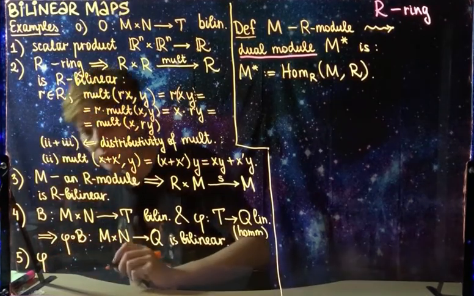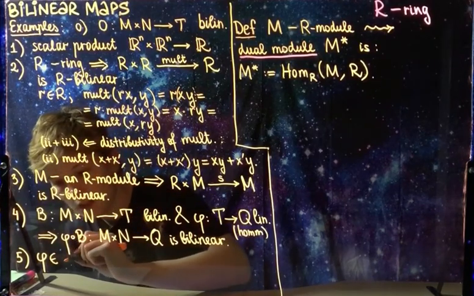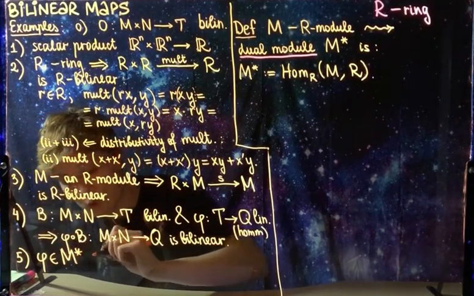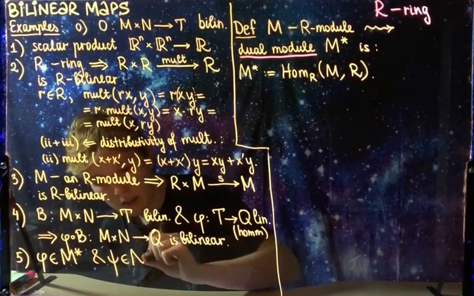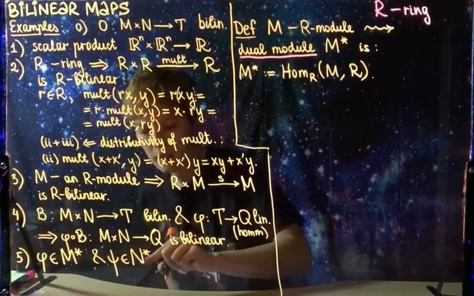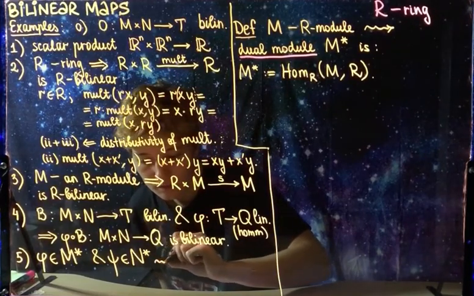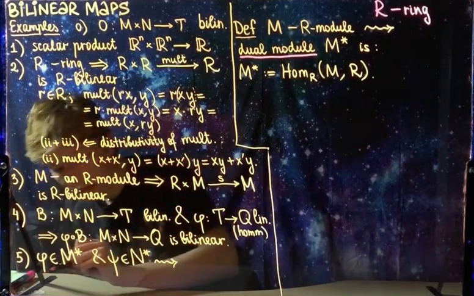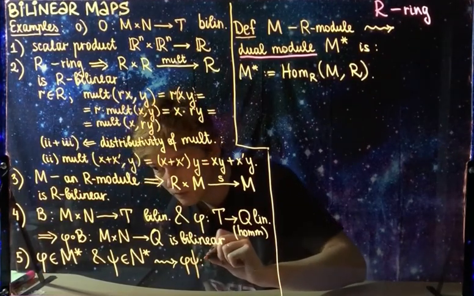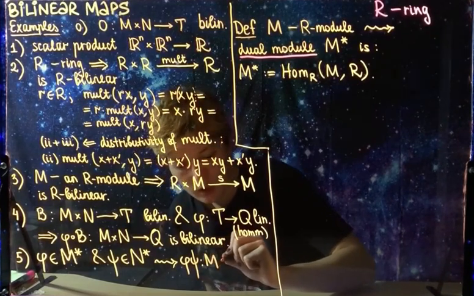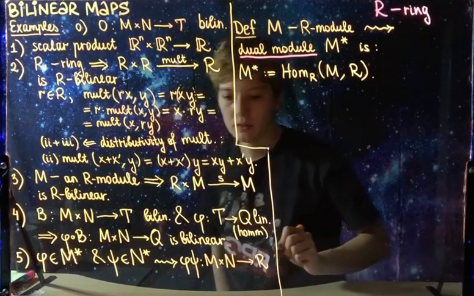So if phi is a homomorphism from M to the base ring R, and psi is a homomorphism from N to the base ring R, then we can define the product phi psi from M cross N into R, and it will be bilinear.